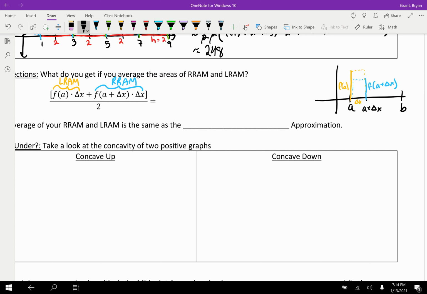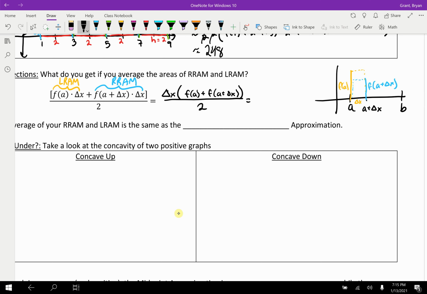So what happens here? Well, let's see. I see 1 term, 2 terms, but it looks like delta x is in common. So let's maybe factor out that delta x really quickly and then see what we have. So we have delta x times f of a plus f of a plus delta x, all of that divided by 2.